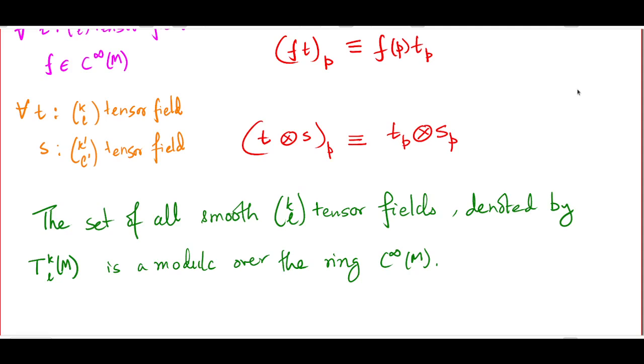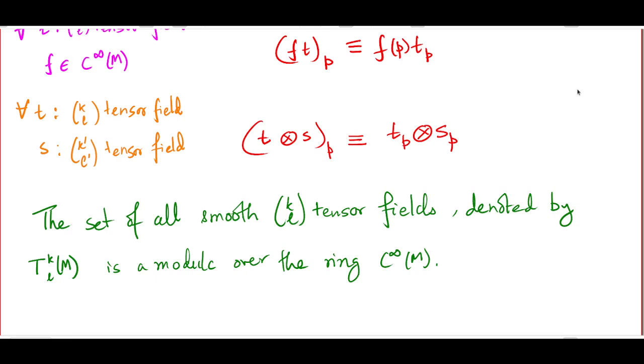So the statement that T^k_l M forms a module over the ring C infinity M is actually also valid for T^k_0 M, that is, the set of all smooth (k,0) tensor fields, or for T^0_k M, that is, the set of all smooth (0,k) tensor fields as well.